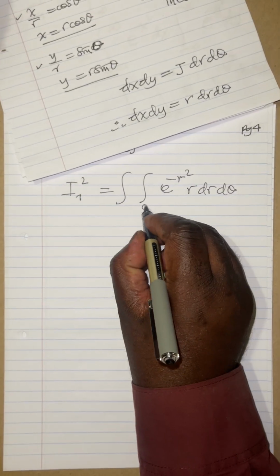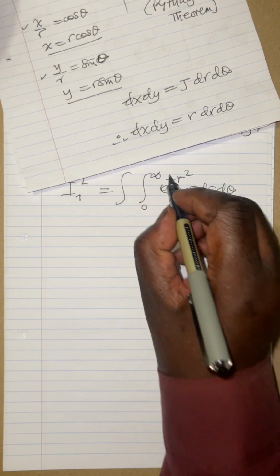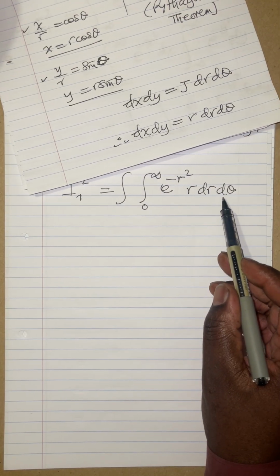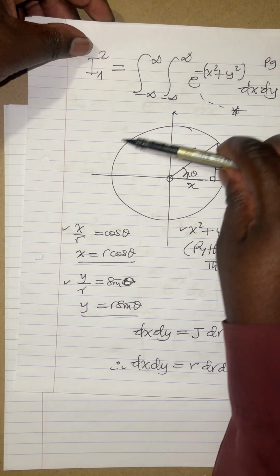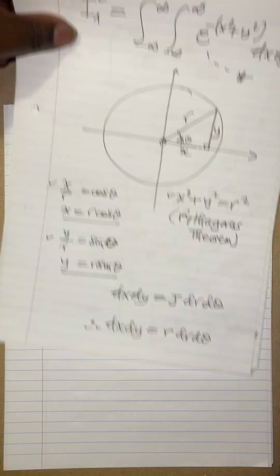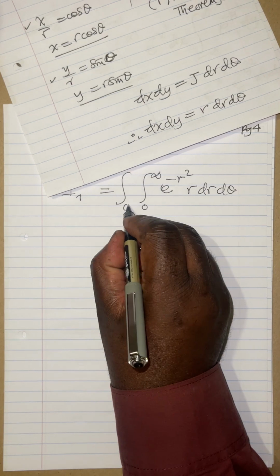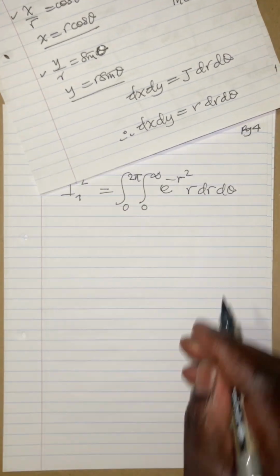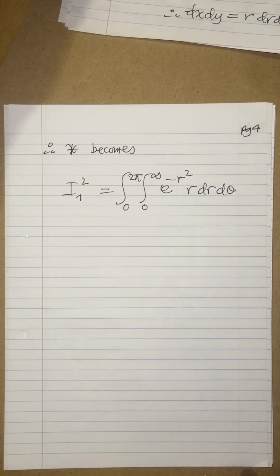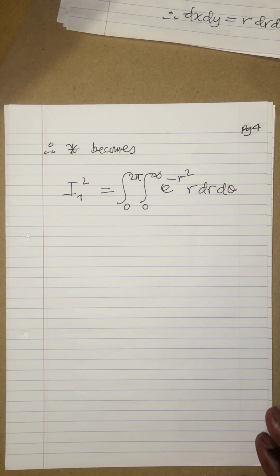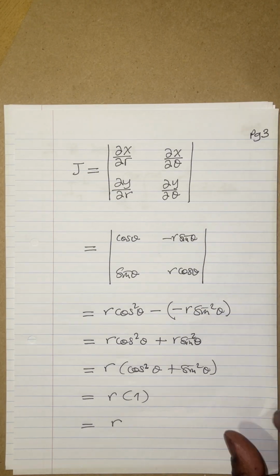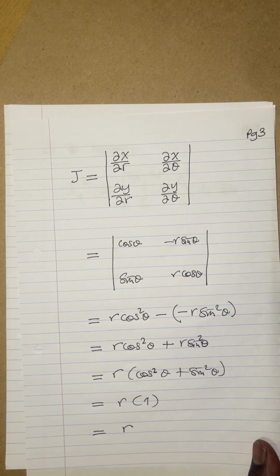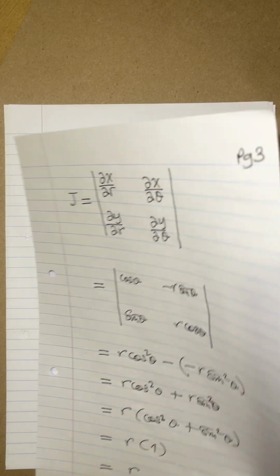Now the angle theta: if you're integrating the whole space, theta will have to move from 0 all the way to 2 pi, which is 360 degrees. Now the integral has been totally transformed from the rectangular coordinate system to polar coordinate system using the Jacobian. As you can see here, we worked it out on page 3 using partial derivatives.